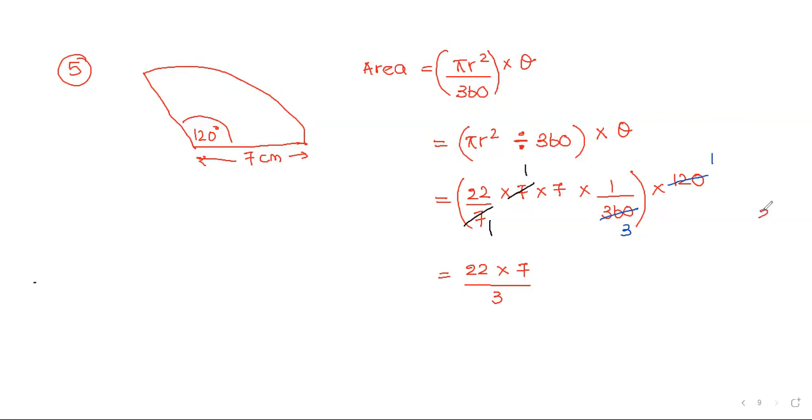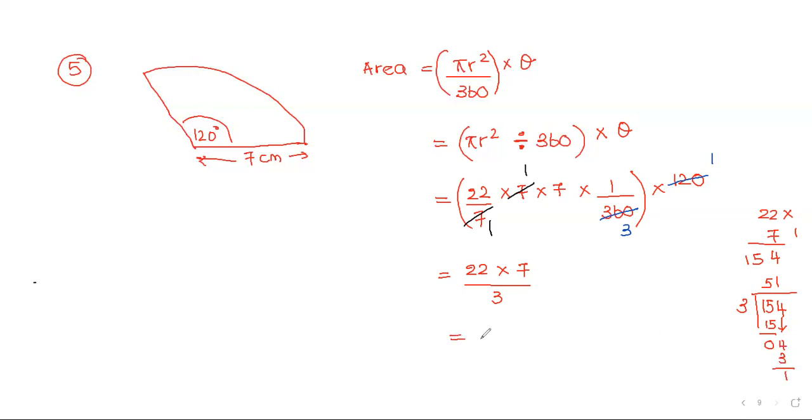So then what I do, 22 I multiply by 7. It gives me the answer 154. So that 154, I want to divide by 3. Okay, 3 times 5, 15. Then 0 remainder, and you bring this 4 down. Then 3 times 1, 3, that you get the remainder 1.